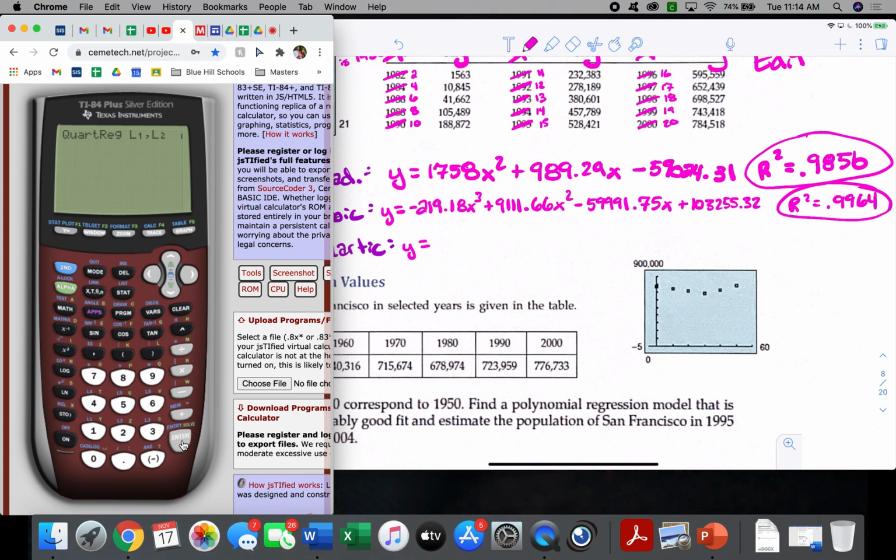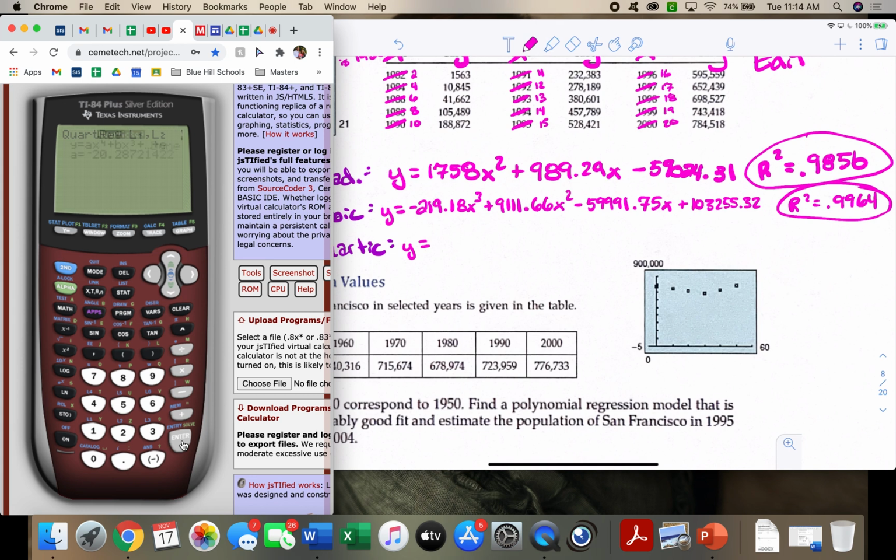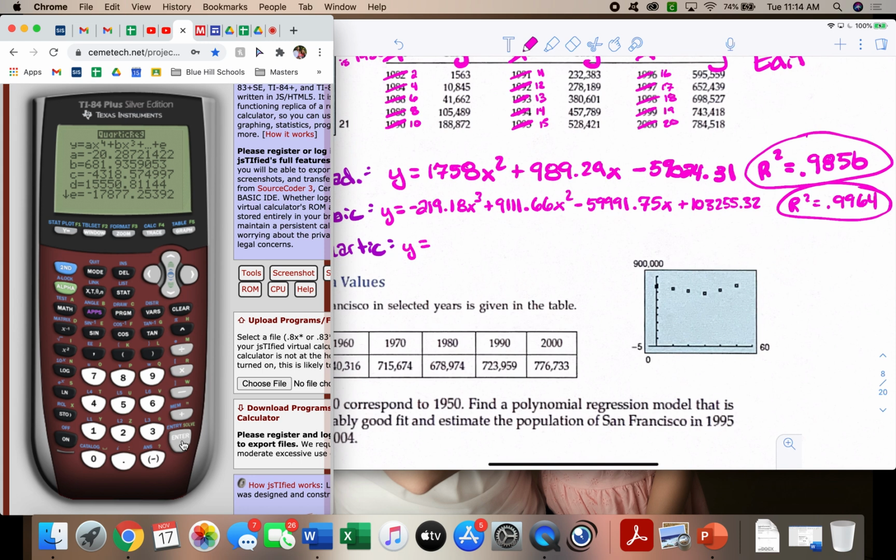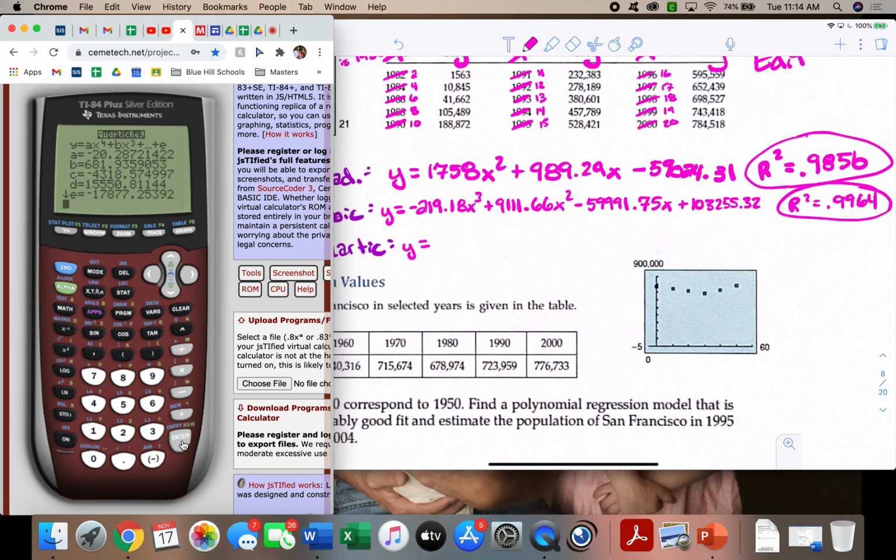There we go. Oh, it's just the inside stuff. So this is ax to the 4th, bx to the 3rd, cx to the 2nd, dx to the 1st, and this d. Right? It goes down in order. Does that make sense?